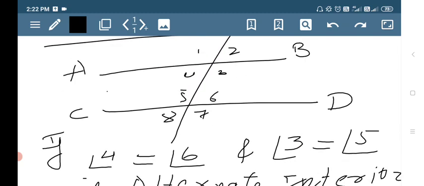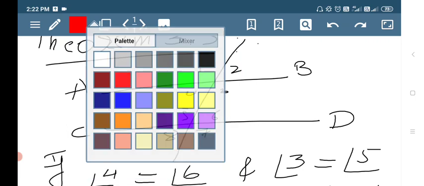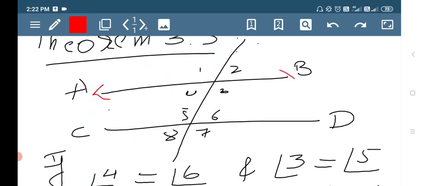Understood, dear students, what he is explaining? We have two lines AB and CD. Here we don't know whether they are parallel or not.